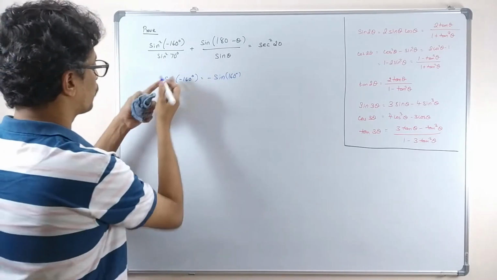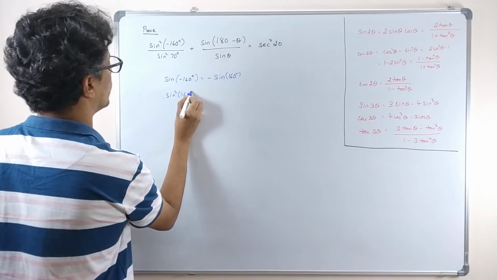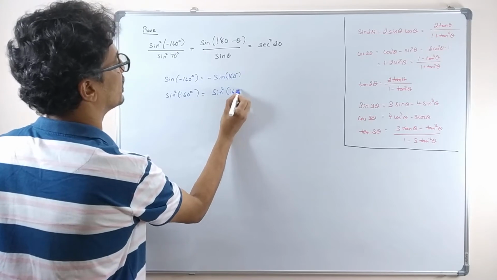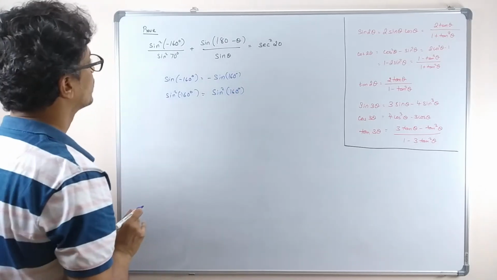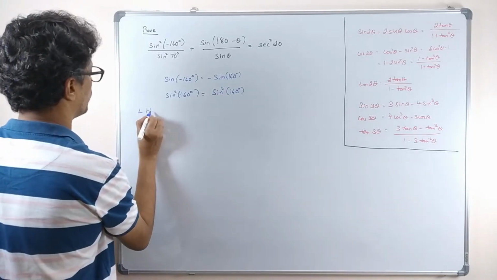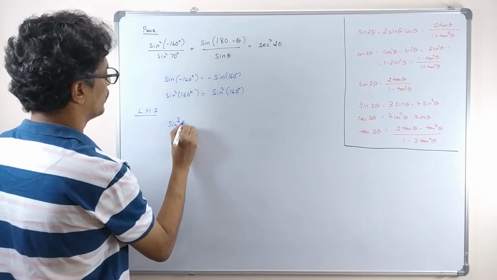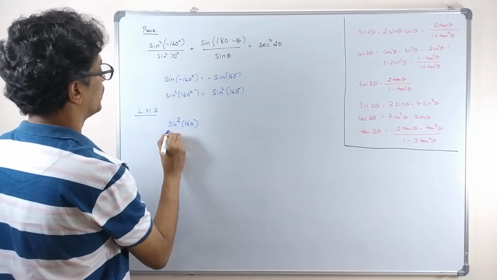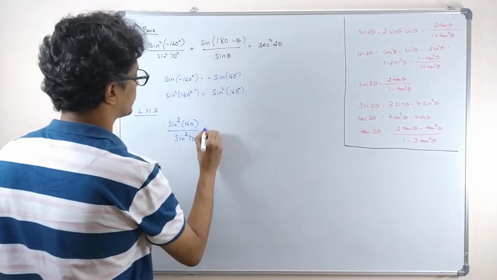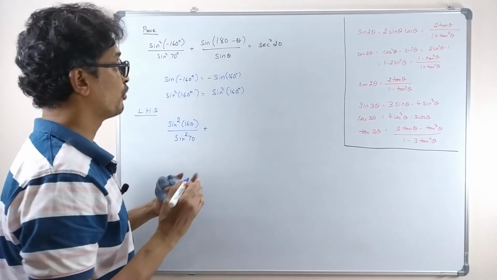So when it is squared, sine square of minus 160 degree will be equal to sine square of 160 degree. Correct? So your LHS will become sine square 160 divided by sine square of 270 minus theta.